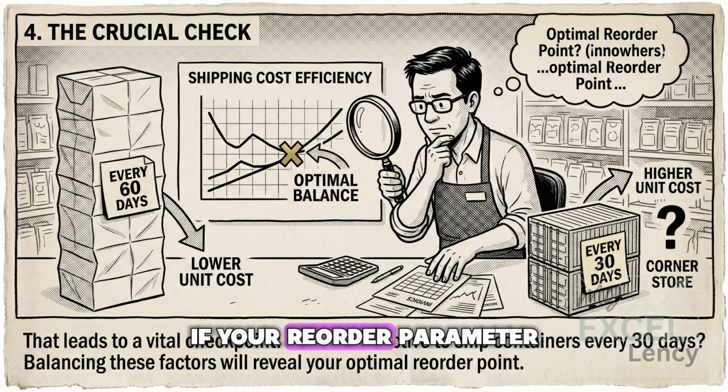If your reorder parameter is set to 30, your ordering frequency will naturally match that time frame. That leads to a vital checkpoint. Is it cost-effective to ship containers every 30 days? Balancing these factors will reveal your optimal reorder point.